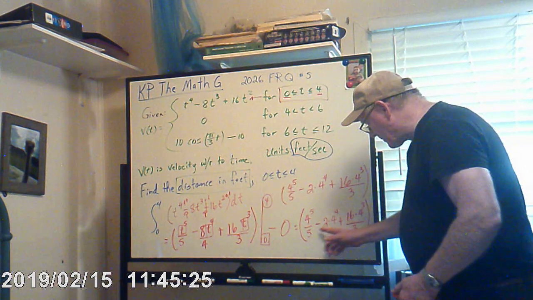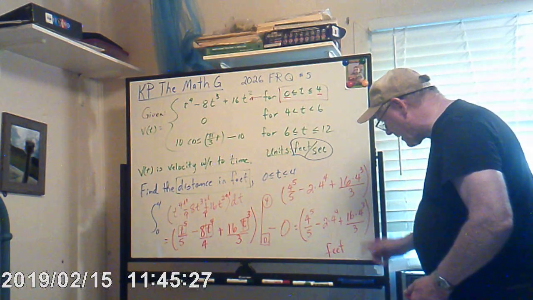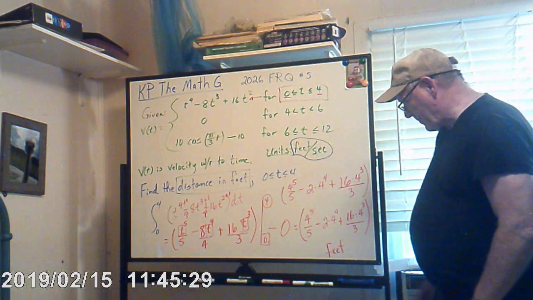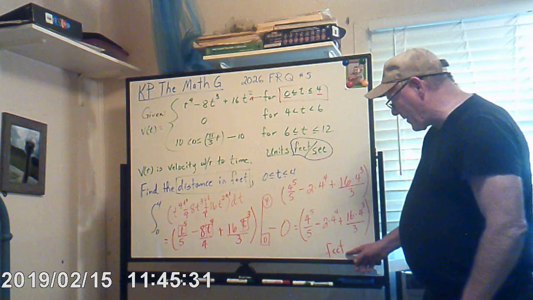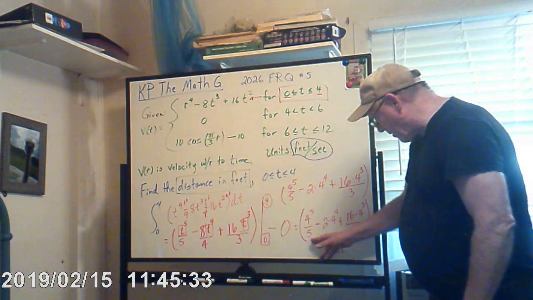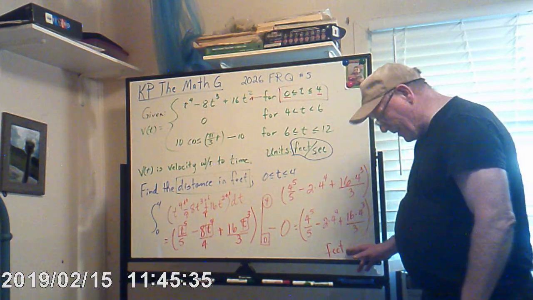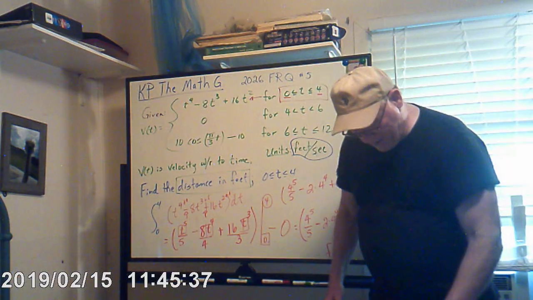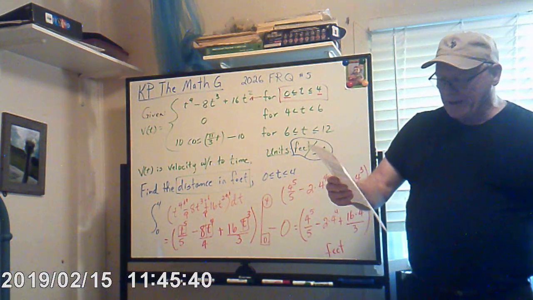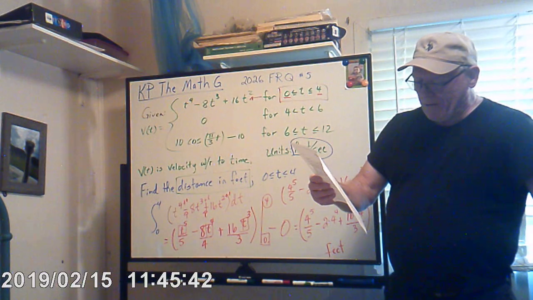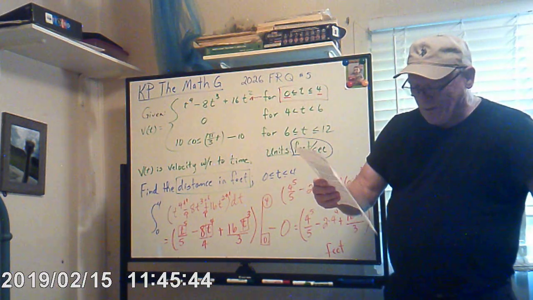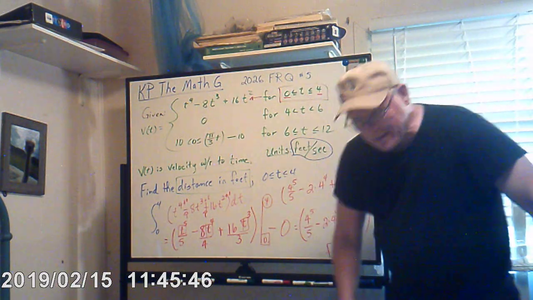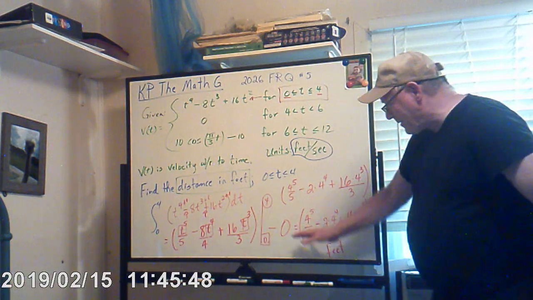That once you plug the numbers in, like this, and you put the unit down at the end, so whatever this answer is, it's in feet. Now I went out on a limb and figured it out. 512 over 15 feet, which is 34 and 2/15 feet. That takes a little work to do all this.